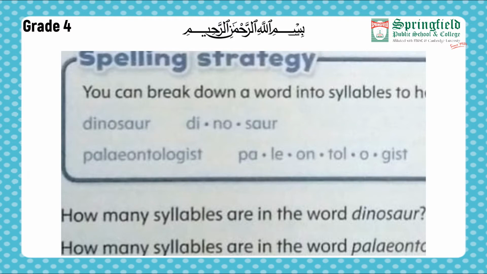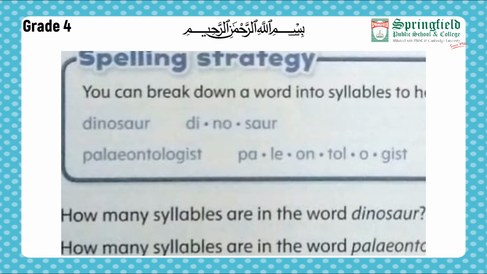As P-A, A is the vowel; L-E, E is the vowel; O-N, O is the vowel; T-O-L, O is the vowel; O, on its own, is a vowel; and in G-I-S-T, I is a vowel as well. So here you can see there must be one vowel in each division, in that breaking of the word. Then you are going to be able to break the word into syllables.